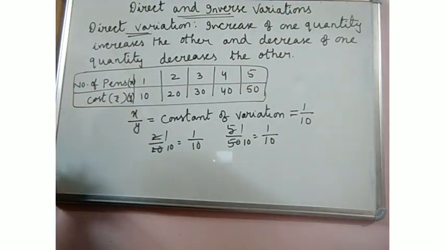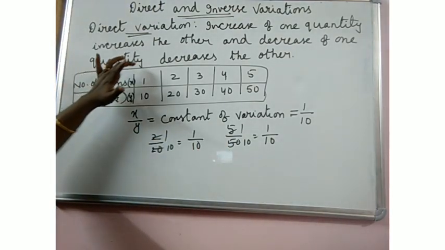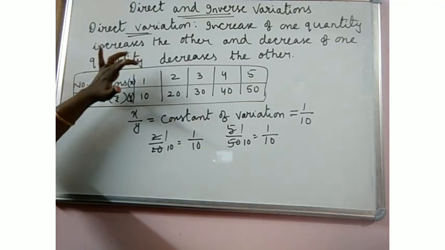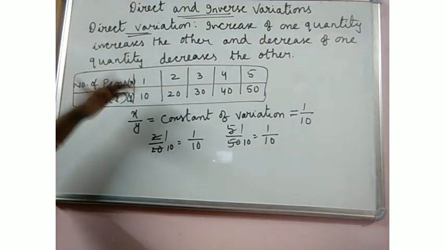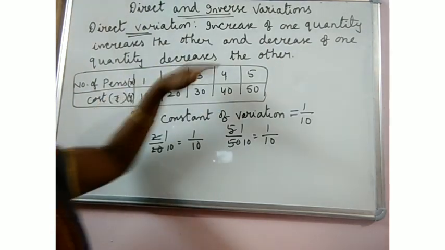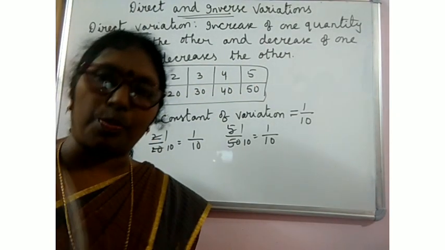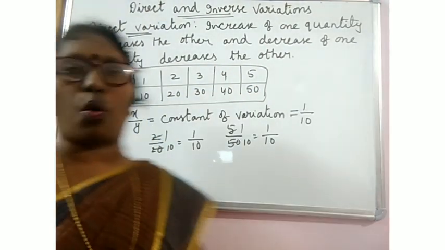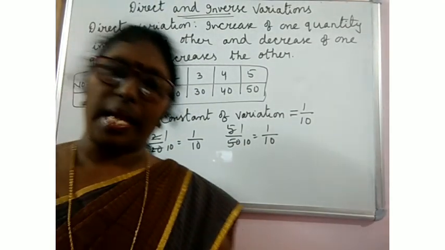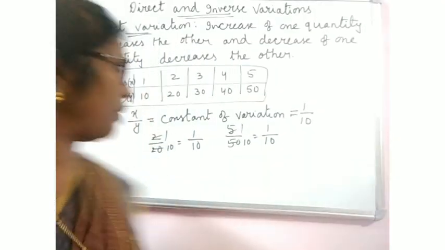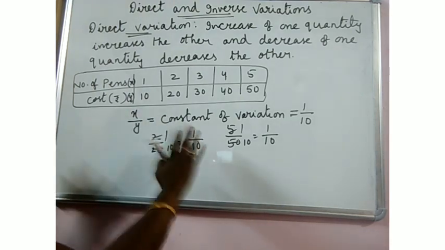That constant of variation means two quantities X and Y vary directly if the ratio X by Y is constant, and also it is positive. I hope this is clear to you.